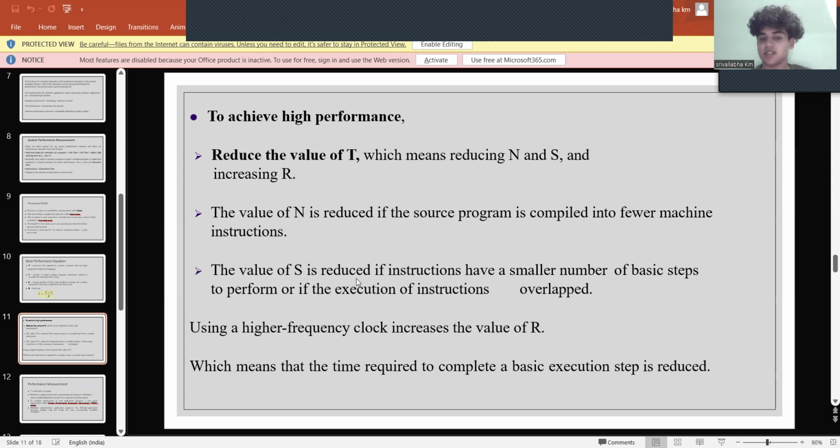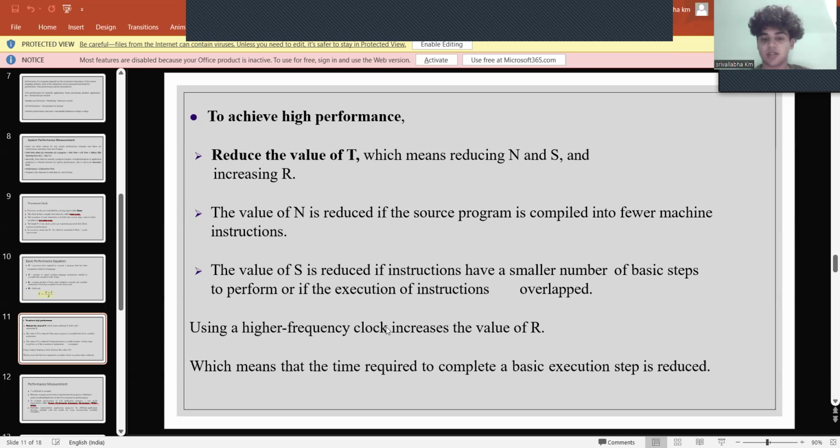The value of S is also reduced if the execution of instructions is overlapped. The basic steps should be smaller, or the execution of the instructions should be overlapped.